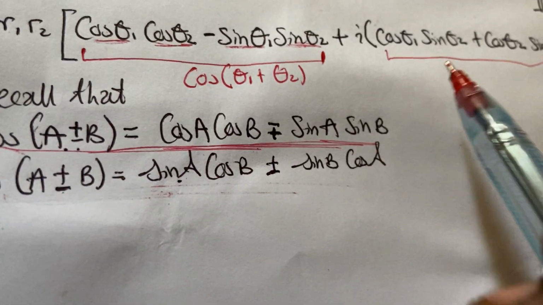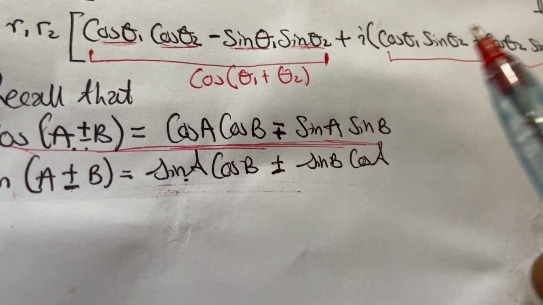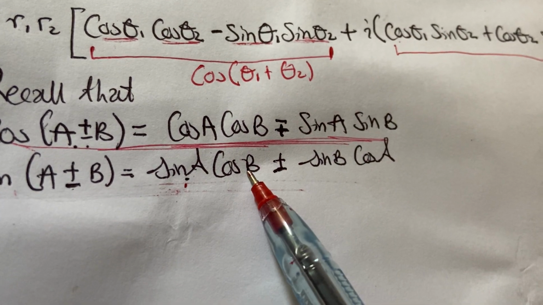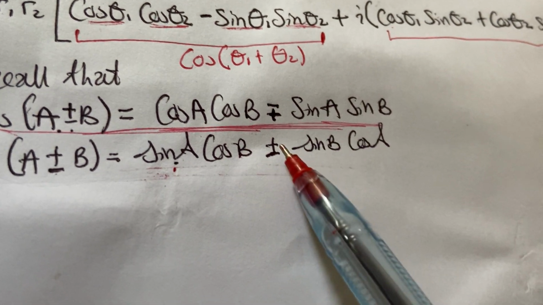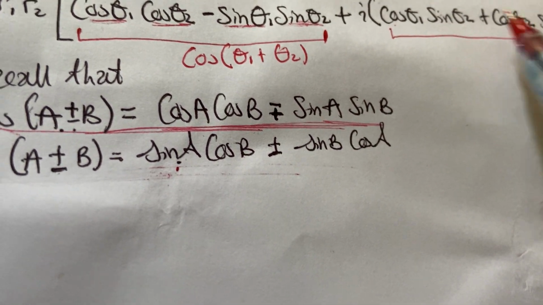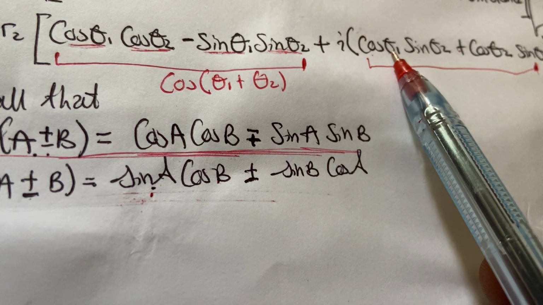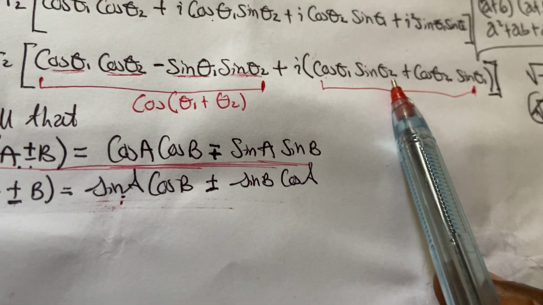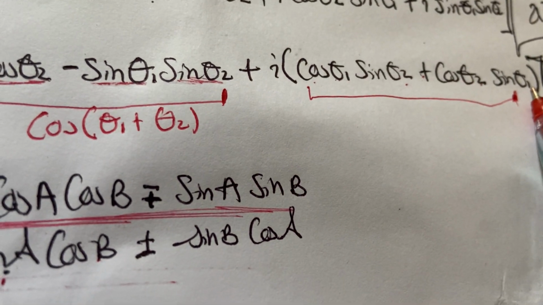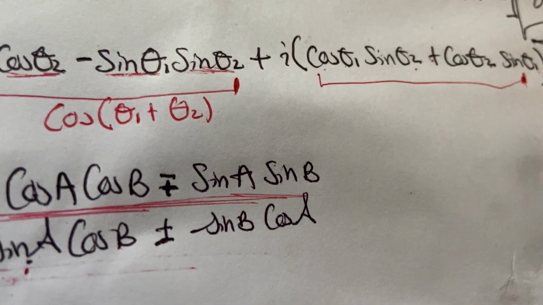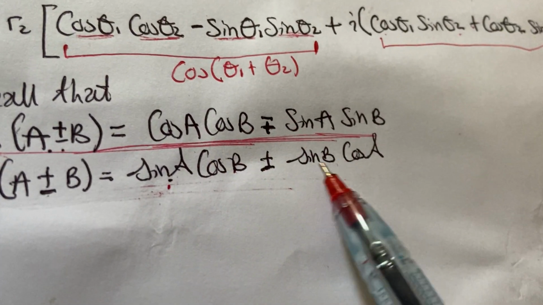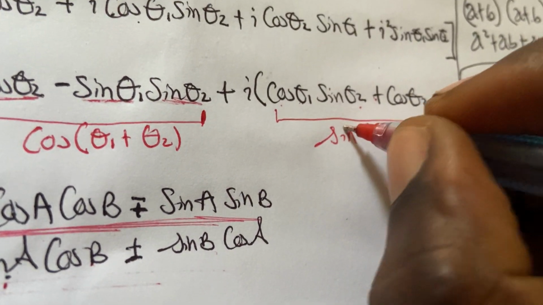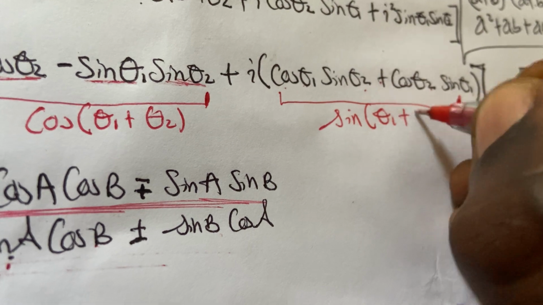Just imagine sine theta 2 as sine A, cos theta 1 as cos B, plus. Now cos theta 1 becomes cos theta 2 here, and cos theta 2 becomes theta 1 here. It's the same thing. A becomes B, B becomes A. So everything here is sine theta 1 plus theta 2.